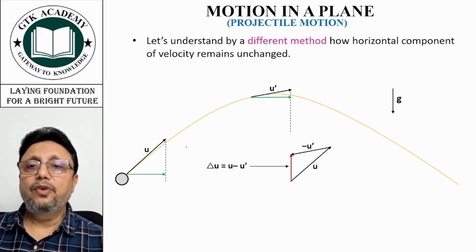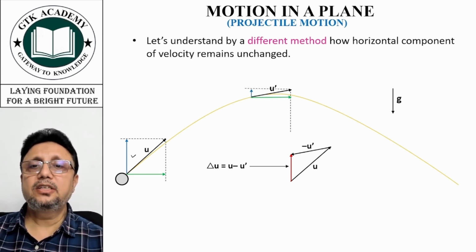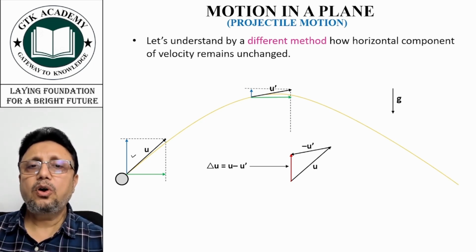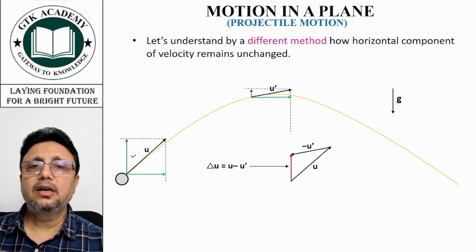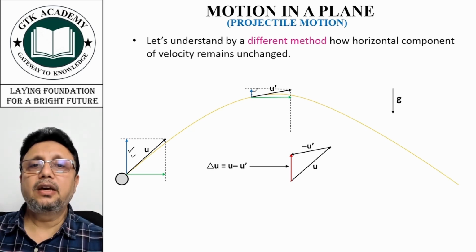However, when it is started, it has a vertical component shown in blue color. This vertical component is reduced because we told that acceleration is in the vertical direction. There is no acceleration or force in the horizontal direction. It's not going to affect. Now, this is the initial vertical velocity, and this is the vertical velocity at this point.